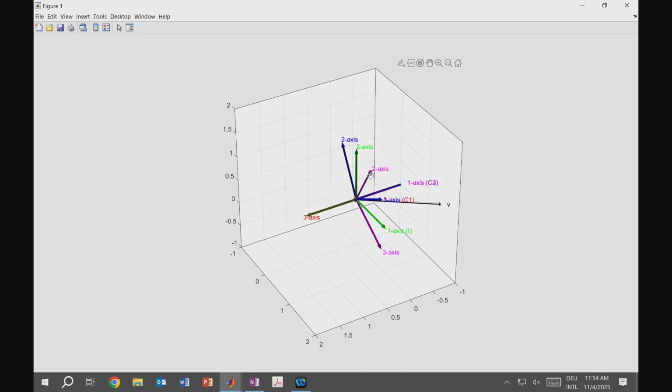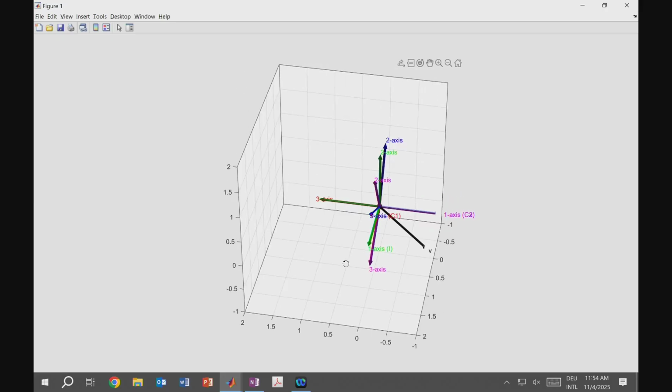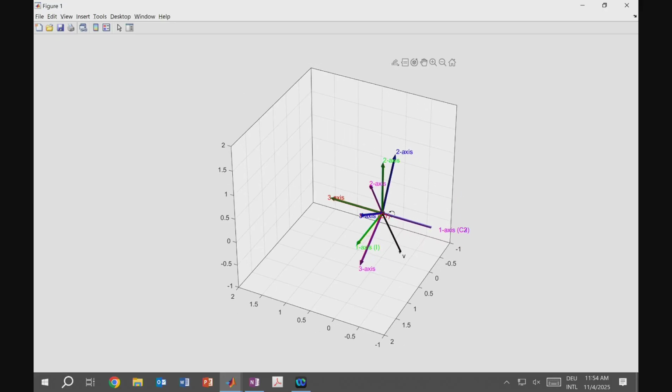Then I rotate about the 2-axis to get the blue coordinate system. And this rotation is 90 degrees, which basically means that the 1-axis of the blue system now lines up with the 3-axis of my original green system or the red system. And now I rotate again about this axis.